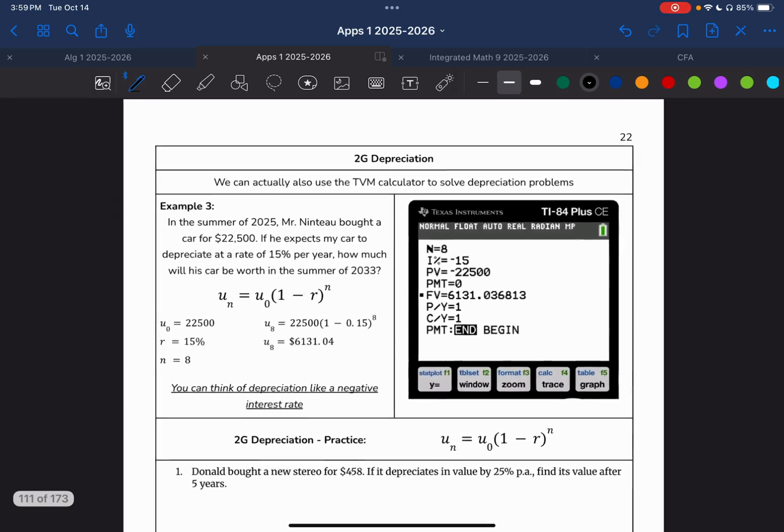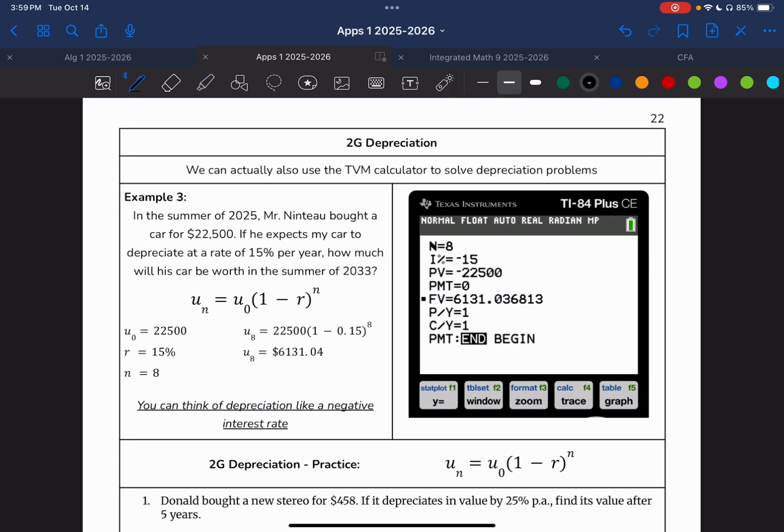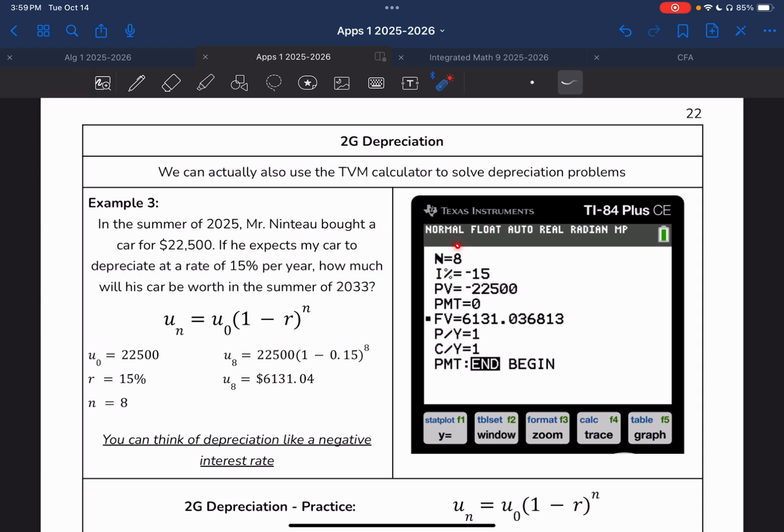All right, and a little trick here, if you are so inclined. We're not using the tool in the same way, so you need to be a little careful. But if you really like the TVM calculator, you can also do this on the TVM calculator. You would put N equal to 8. This is the problem from example 3 with a negative interest rate, starting at a present value, no payment.